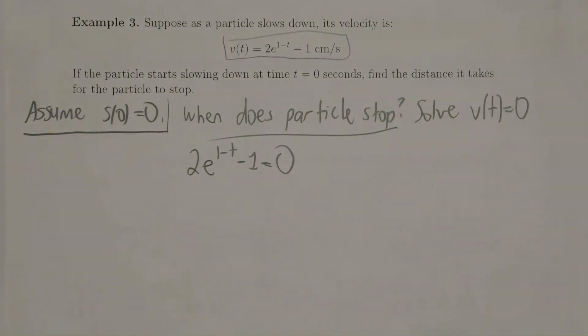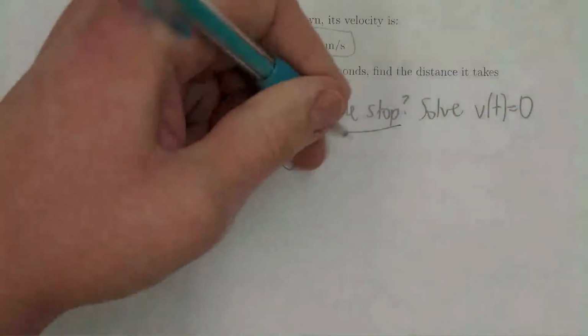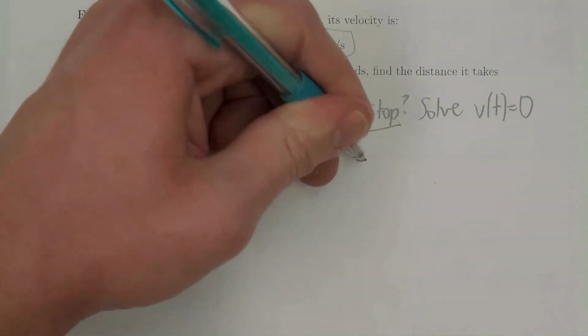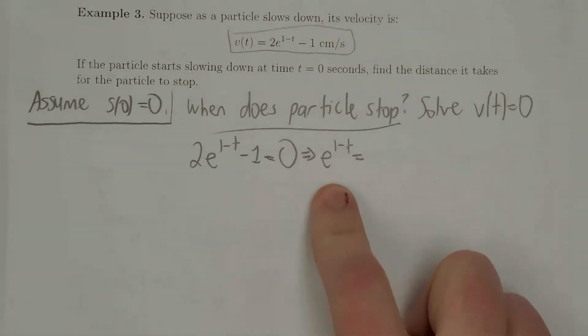Let's take this bit by bit in solving for t here. First, let's solve for the exponential. So we have e to the 1 minus t, and a quick bit of algebra gets you that this exponential is what?